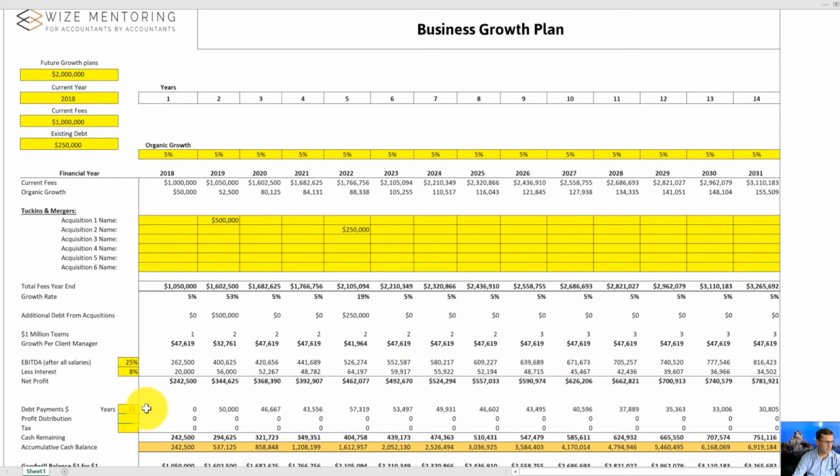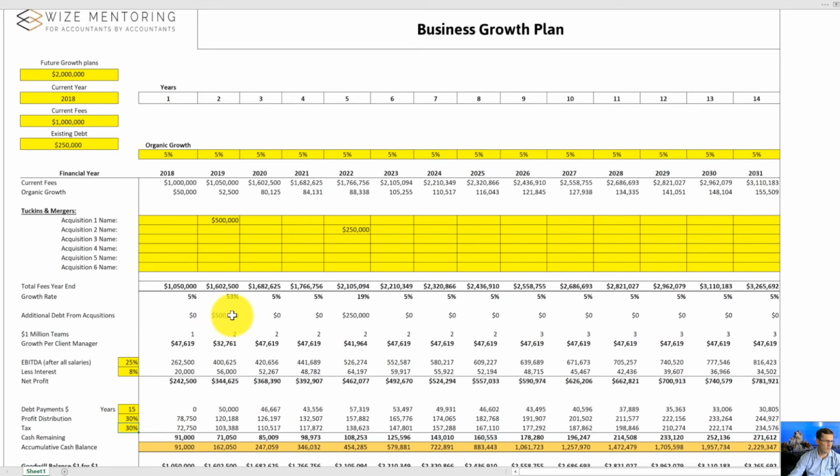The other part of this is we need to work out what a profit distribution is. So perhaps if we decide to distribute around 30% of our profit at this stage, and also the tax rate, we will have to pay tax to look at this from a cash flow point of view.